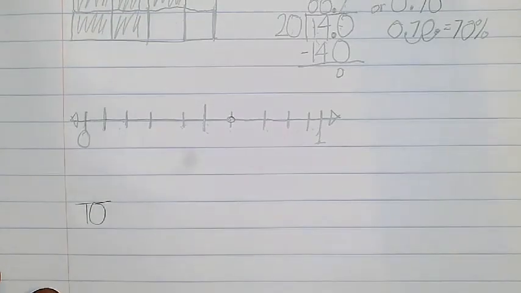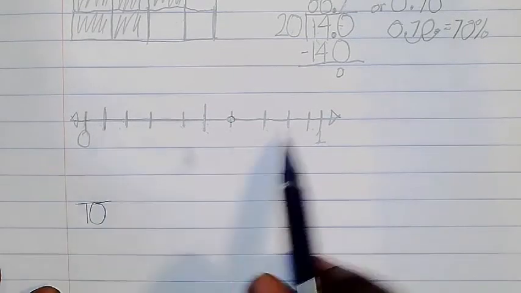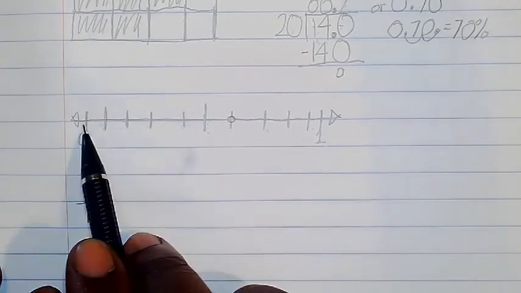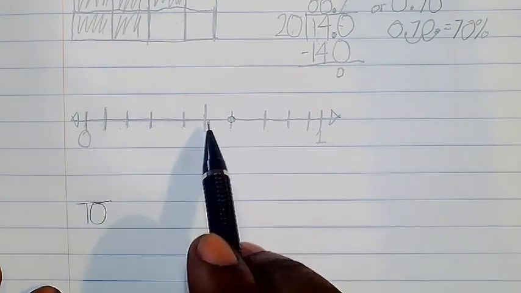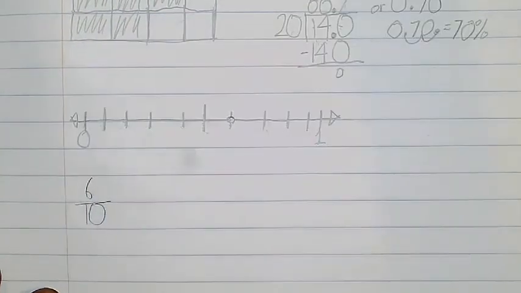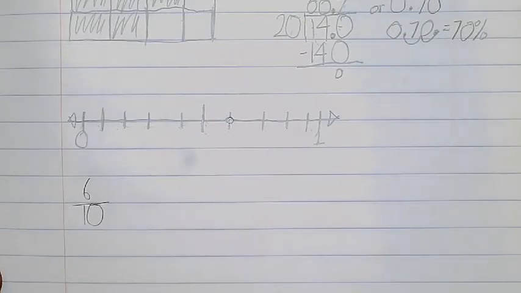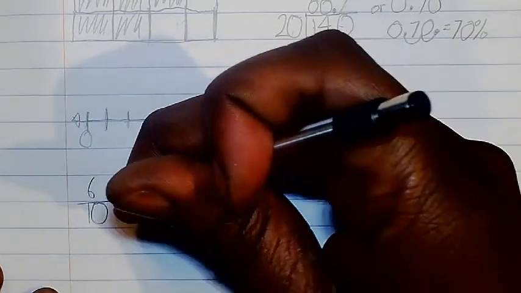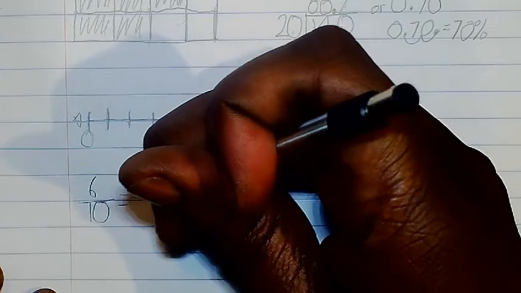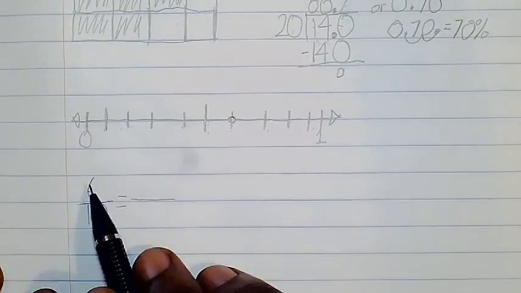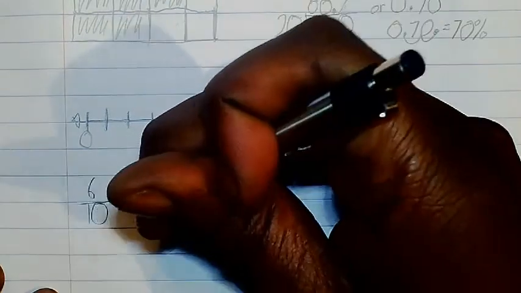And we also have to look and determine where this point is. So that's 1, 2, 3, 4, 5, 6. So that's 6/10. We can use our proportional equation. Part over total equals percent over 100.